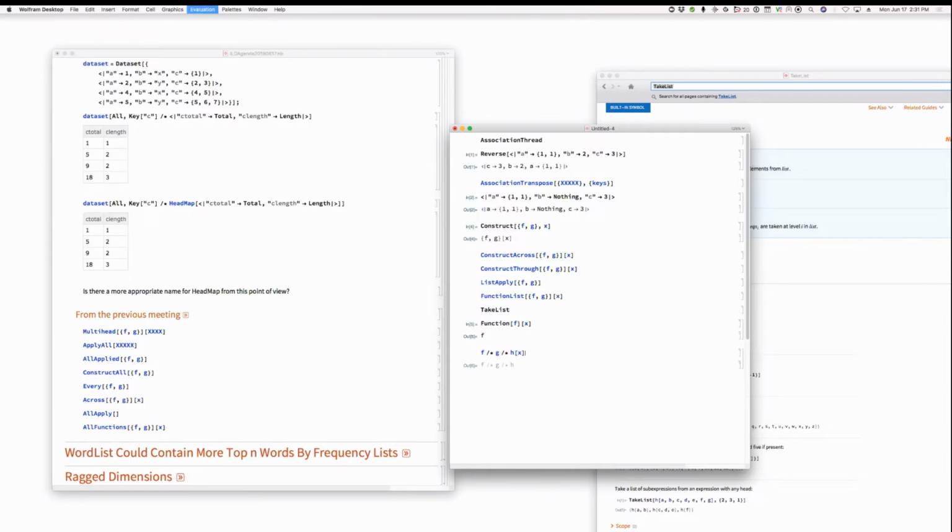Where I could then say of x. Why doesn't that work? What do I have to do here to make that work? Like that, right? It's in that family.